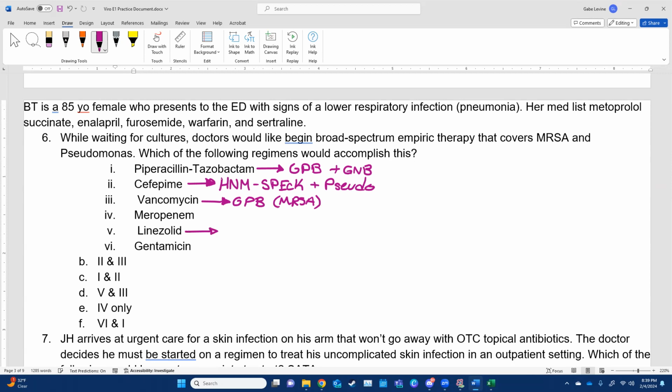What about linezolid? Same thing. Great gram-positive, MRSA. And then what are we picking up with linezolid? What's that other resistant bacteria that Vanco won't touch? VRE. Nice.